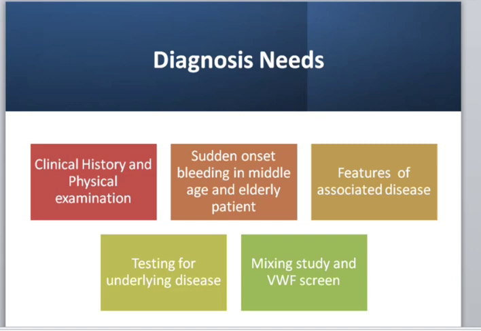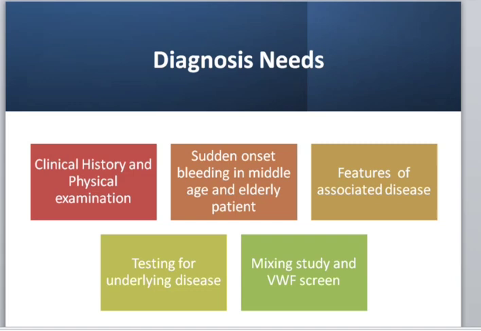And they may have features of an associated or underlying disorder as well. For example, they can come with stroke if it is secondary to polycythemia or Waldenstrom, they can have features of polycythemia or Waldenstrom.